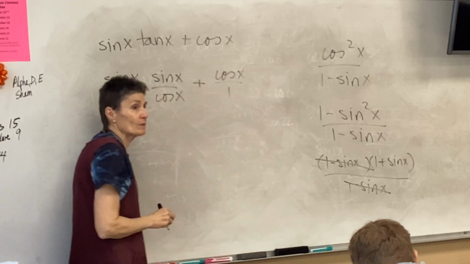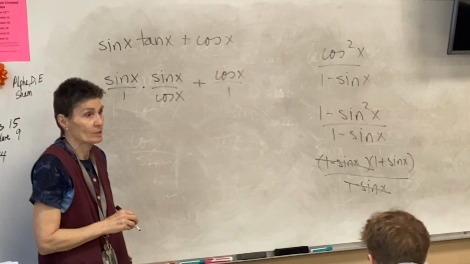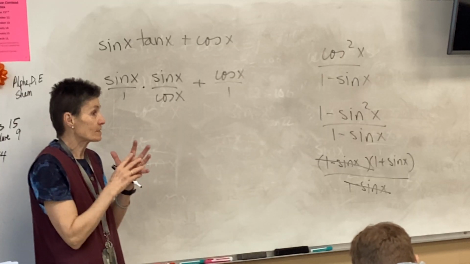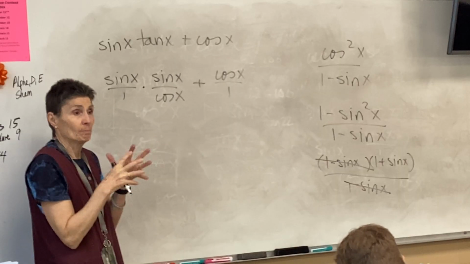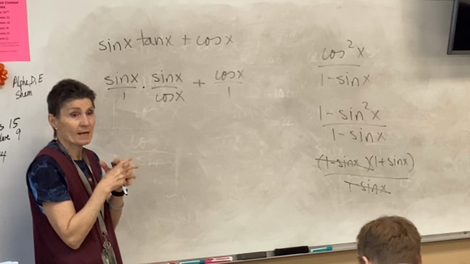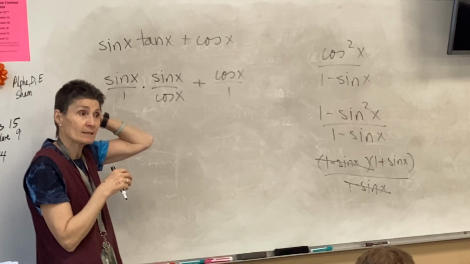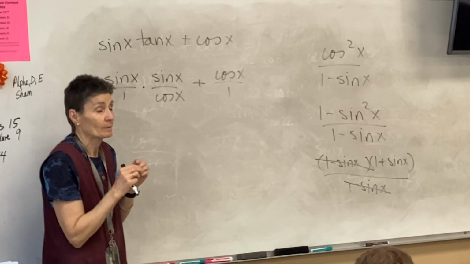So I'll just think of everything as a bunch of fractions. Sine and cosine are like the simplest elements. They don't break down, sine and cosine. But everything else does. Tangent can break down into sine over cosine.